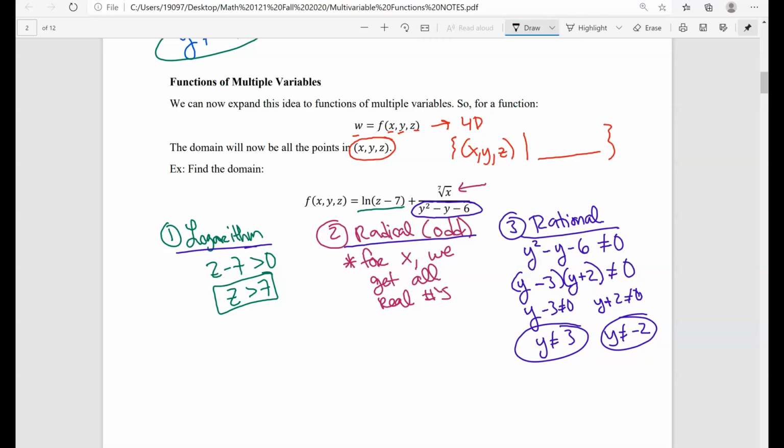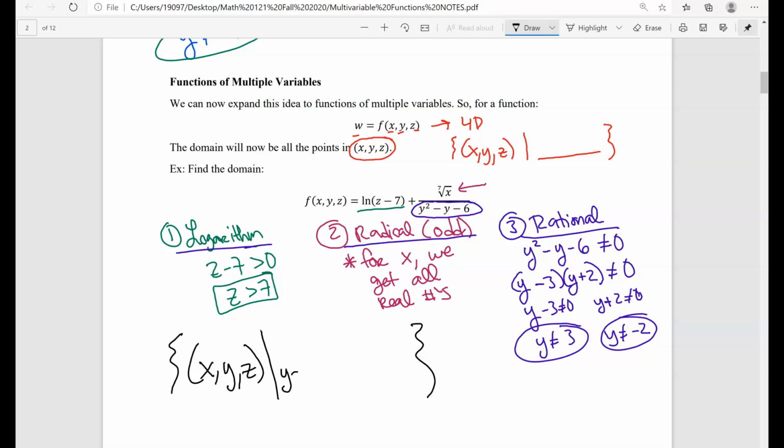So now that we got all of the 3 different things, let's put them all together. We're going to write all values of x, y, z, because we have 3 variables, such that, notice since x is all real numbers, we don't need to write anything for x, because x can be anything. All we need to put in is whatever y cannot be and whatever z cannot be.